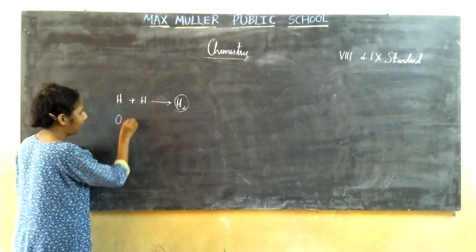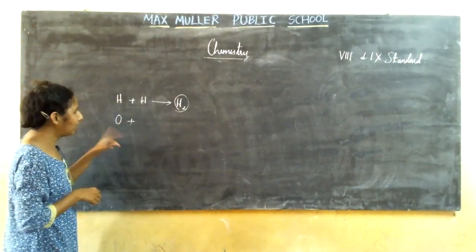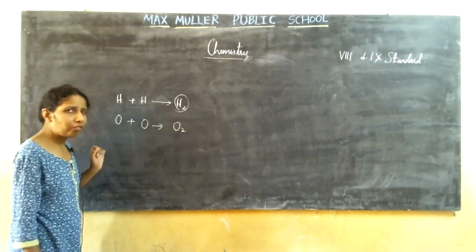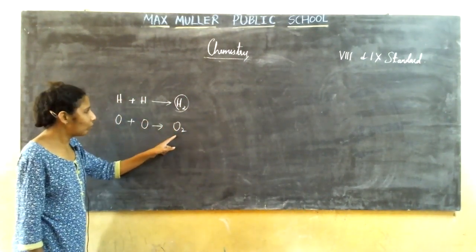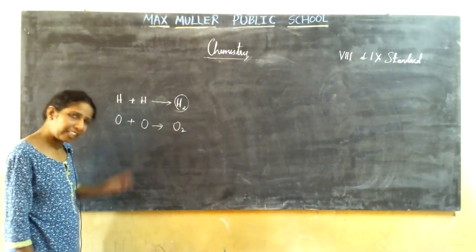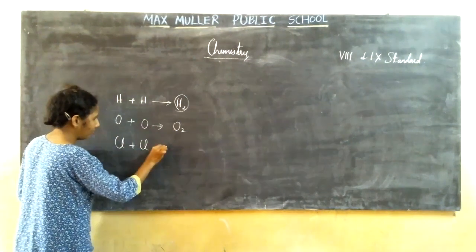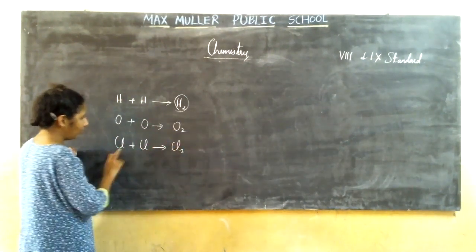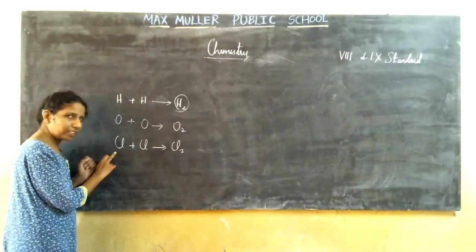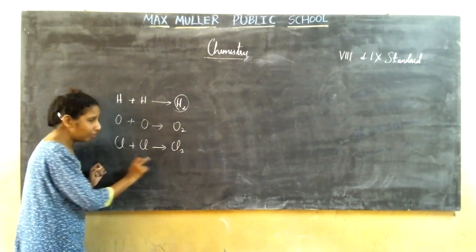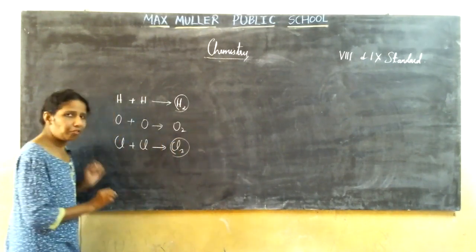Now, oxygen atom does not exist independently. So it combines with another oxygen atom to form a molecule of oxygen. This molecule of oxygen exists independently. Chlorine atom does not exist independently, so it combines with another chlorine atom to form a molecule of chlorine.